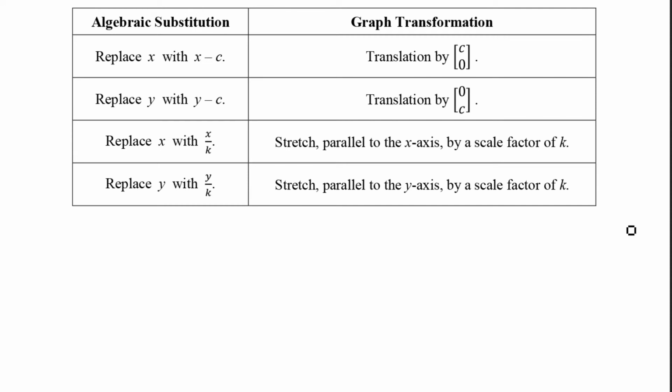In summary then, we have two stretch rules to go along with our two translation rules. It's worth pointing out again that this is not the way that this is usually expressed in most places you'll see this explained.